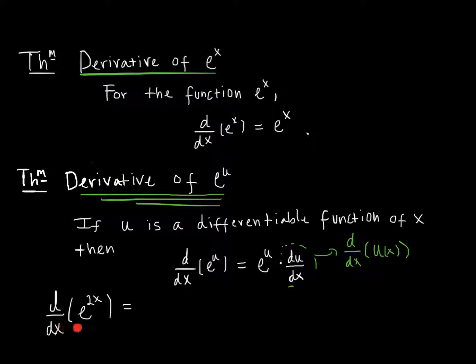So the derivative of this whole function will first be e to whatever it's raised to, which is e to the 2x, times the derivative of this upper part, the derivative with respect to x of 2x. Well, the derivative of 2x is 2, so times 2, which means that the derivative of this is 2e to the 2x.